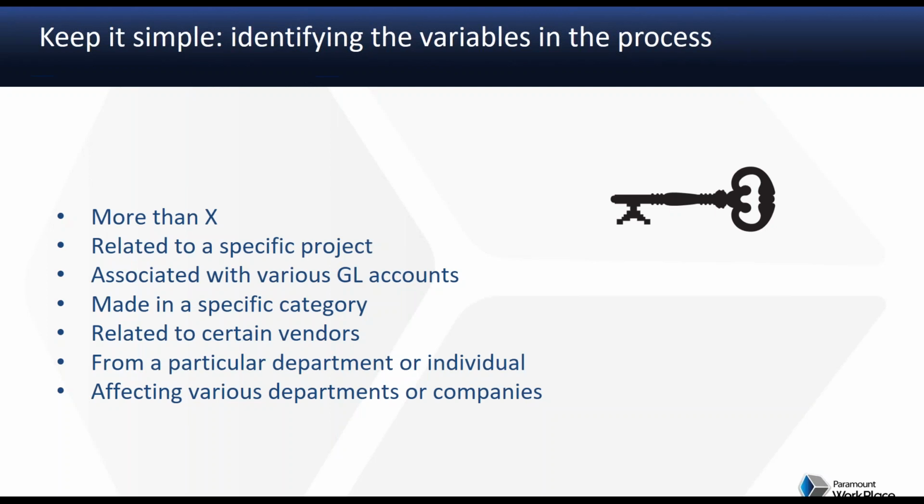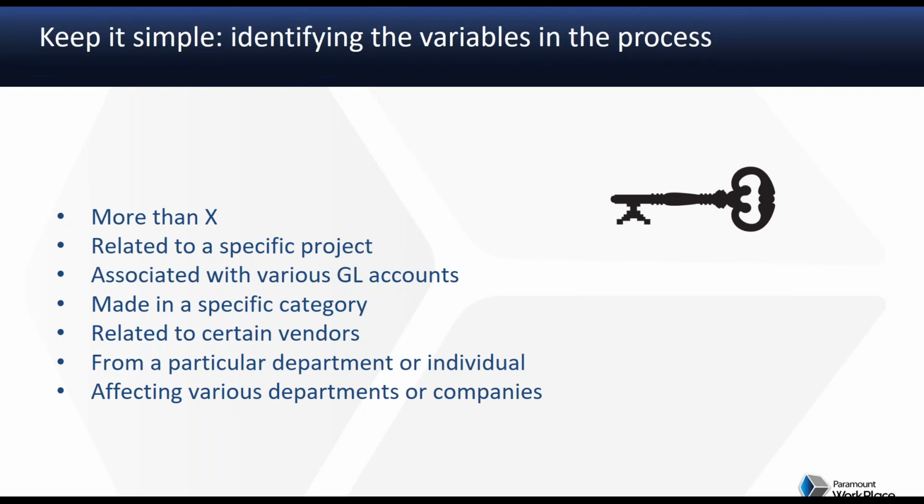Then also think about if it's related to a specific project, have that project manager be the one that handles the approval. Again, if there's any exceptions, you can always have it go to somebody else. And you can also route for approval based upon GL accounts, categories, vendors, or individual departments, as well as requisitions that affect different departments or different companies.